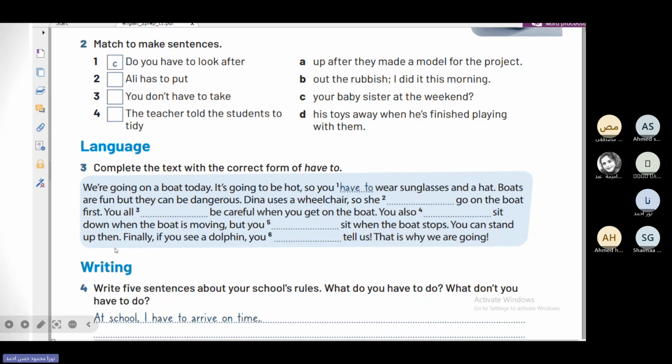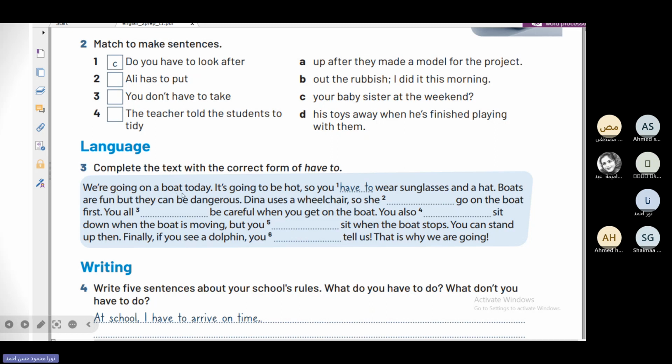Do you want to practice more? Look at number 3 here. Complete the text with the correct form of have to. Again, remember, I can use has to, I can use don't have to, or doesn't have to. Let's read together and complete it.